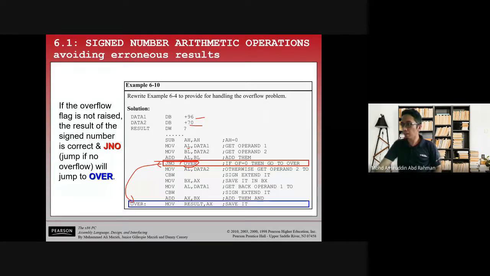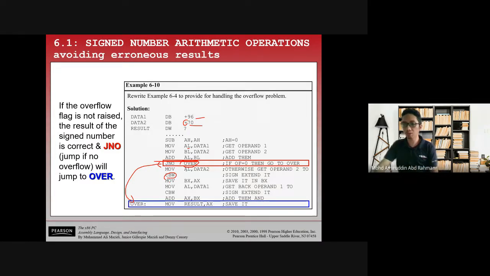So move data 2 back to AL, so now your AL has 70. Then CBW, meaning that this sign will be moved to AH.